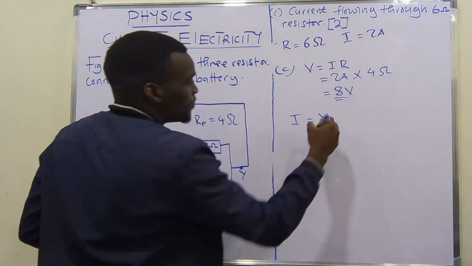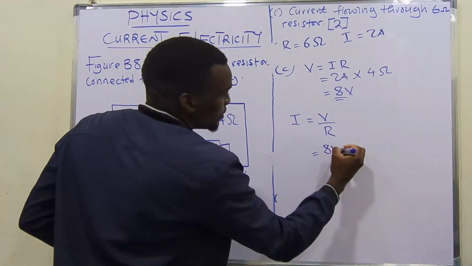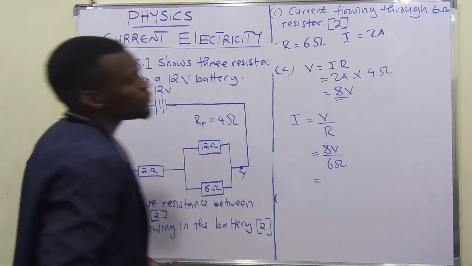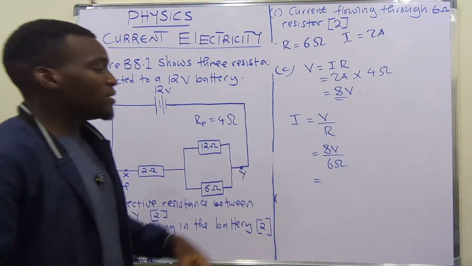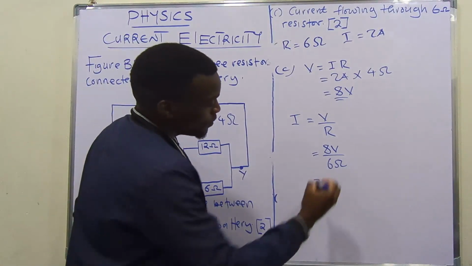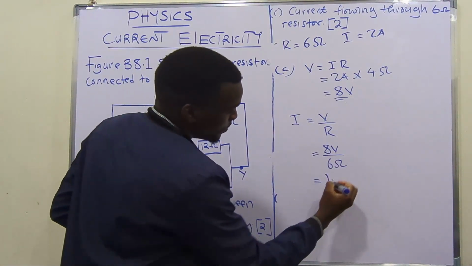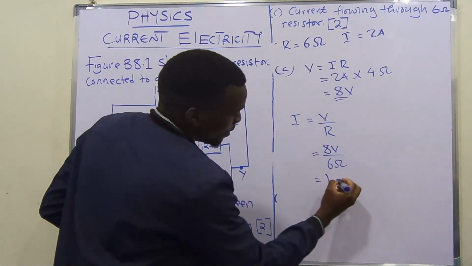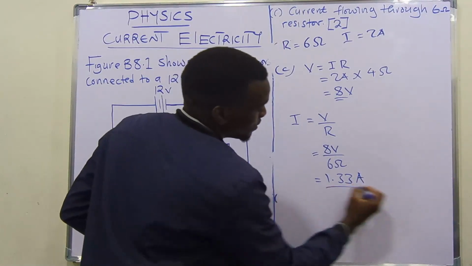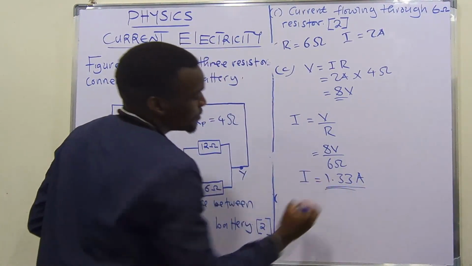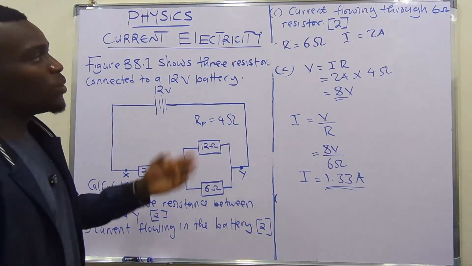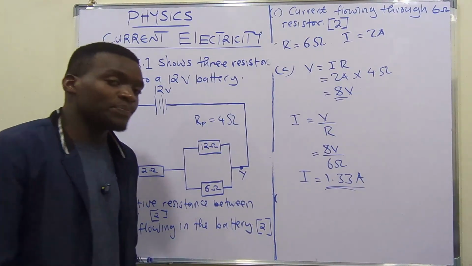So we have 8 volts divided by 6 ohms. 8 divided by 6, you have 1.33 amps. So this is your current, 1.33 amps. That is the current flowing through the 6 ohms resistor.